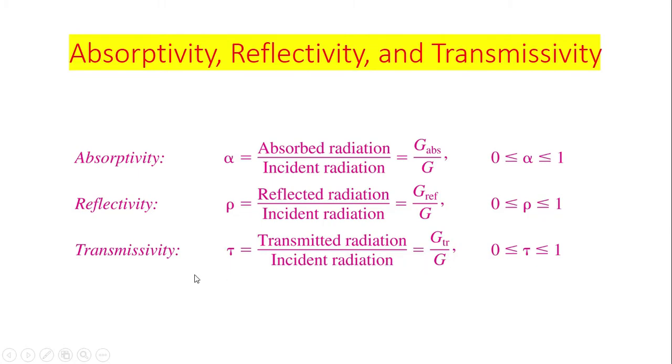On similar grounds, the transmittivity is the ratio of the radiation transmitted through the surface divided by the incident radiation, that is, the transmitted radiation flux divided by the incident radiation flux. It also varies from 0 to 1. So this is all about absorptivity, reflectivity and transmittivity.